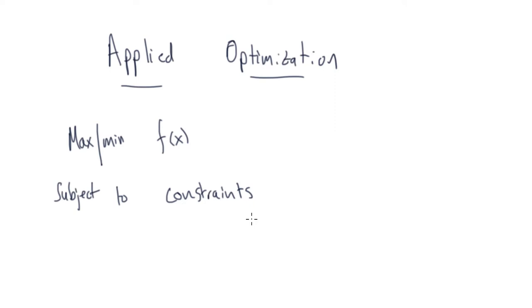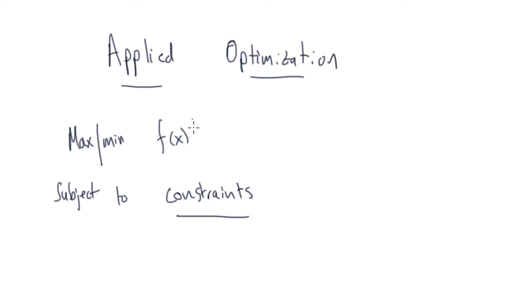Maybe f of x is a profit function and x is the number of units sold. So maybe you're selling something, you're trying to figure out how many do I need to sell to maximize my profit. And of course, the silly thing would be, well, if I sell an arbitrarily large amount, my profit will get arbitrarily large. But in reality, that's where constraints come in.